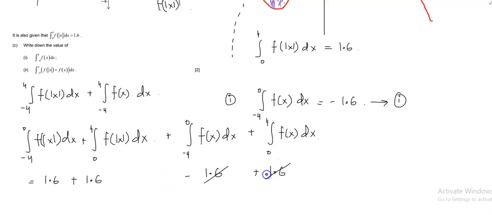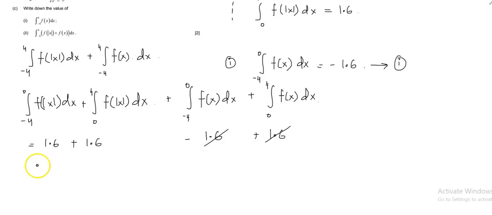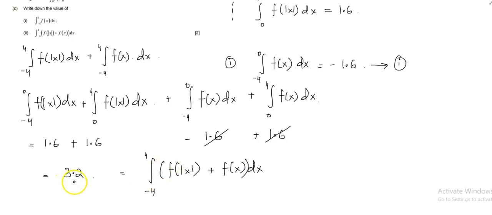So these two get cancelled out, and whatever result I get is from this half, which is going to be 3.2, right? So this means finally that if I want to integrate the region from minus 4 to 4 of f of modulus of x plus f of x dx, this is given as 3.2.